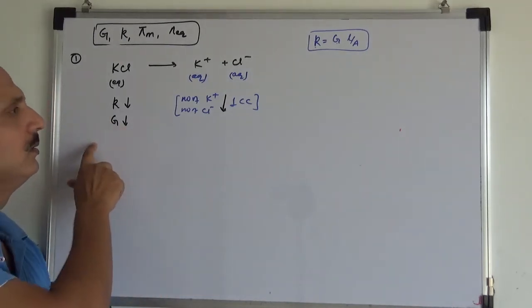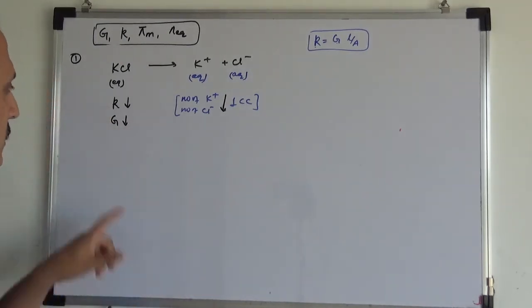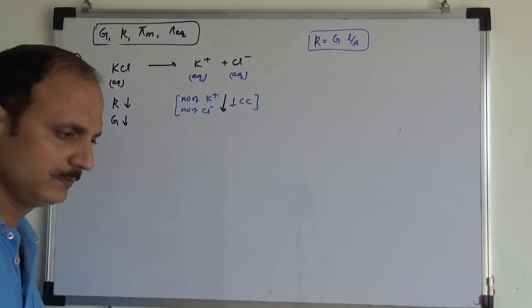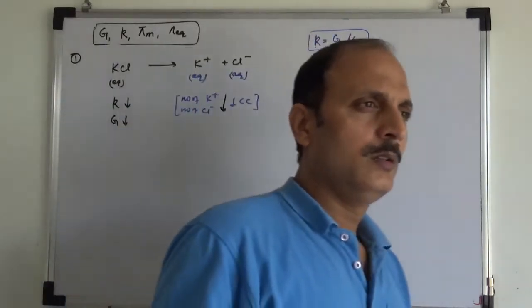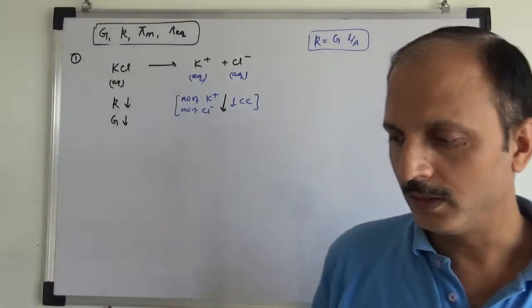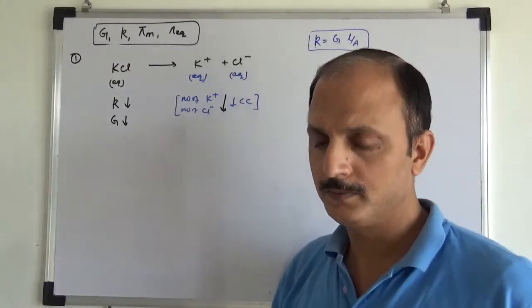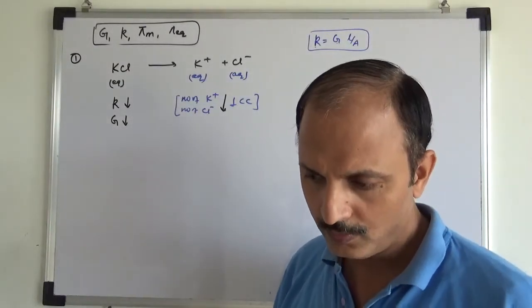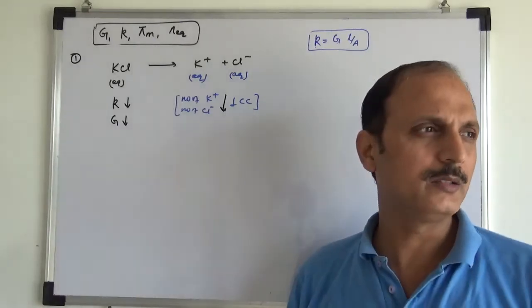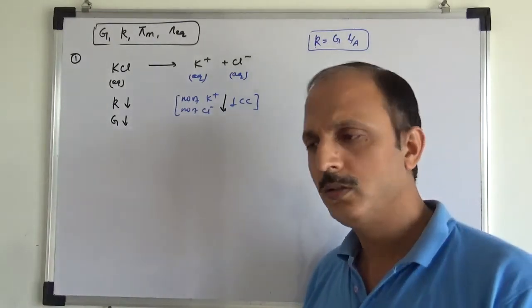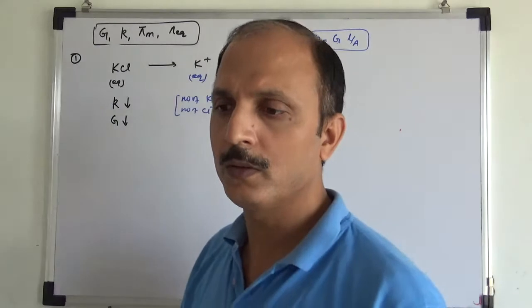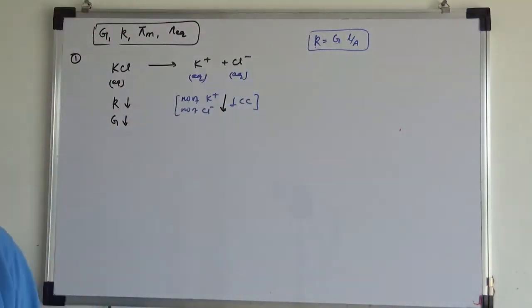So please write here: due to dilution, the number of ions in 1 ml of solution is going to decrease.